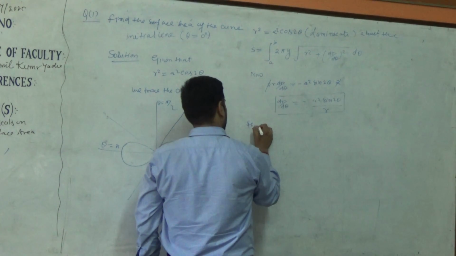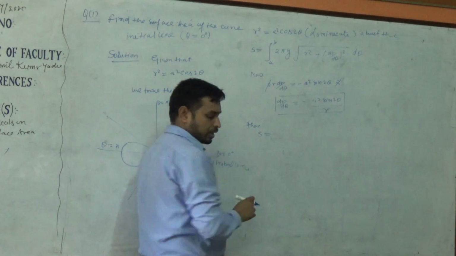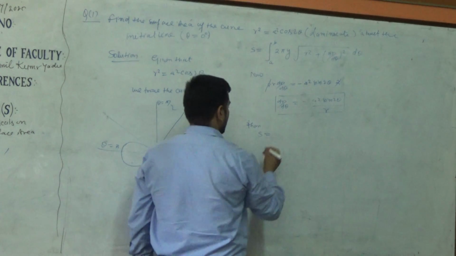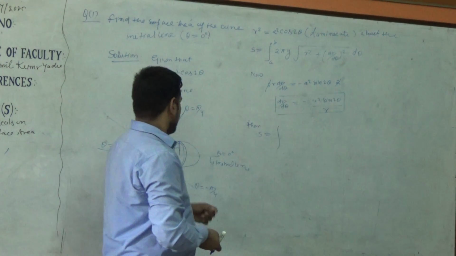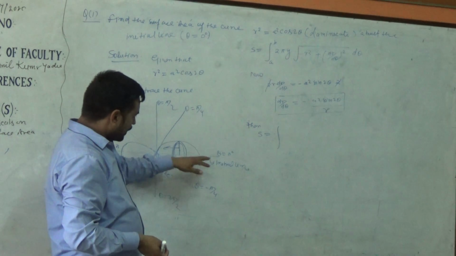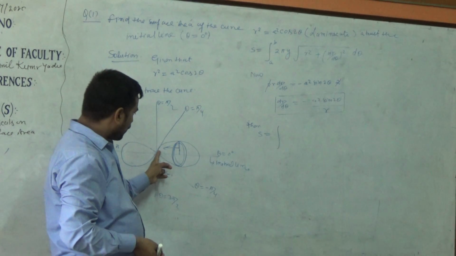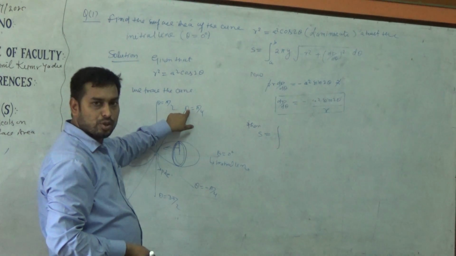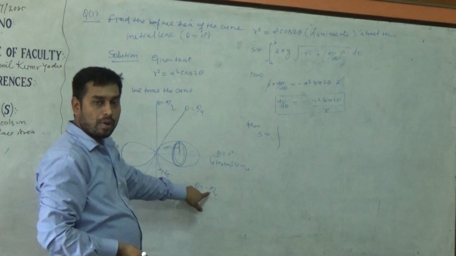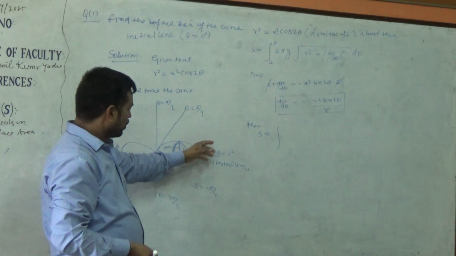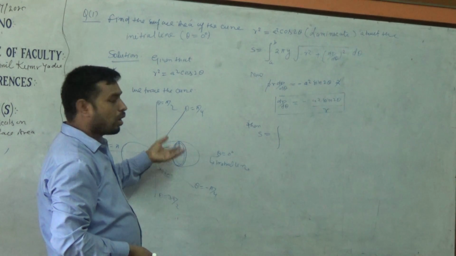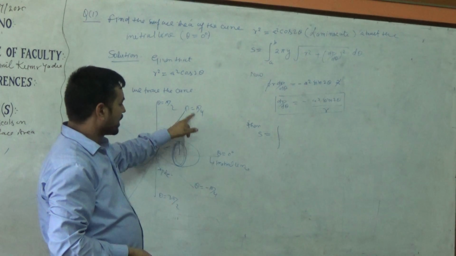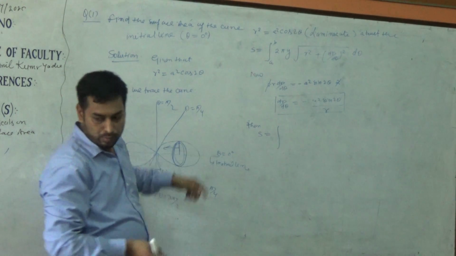Then the surface area is equal to the integral. When the curve is rotated about the initial line, one loop of the curve varies between the lines theta equal to pi by 4 and theta equal to minus pi by 4. So the limit of integration for one loop is from minus pi by 4 to pi by 4.